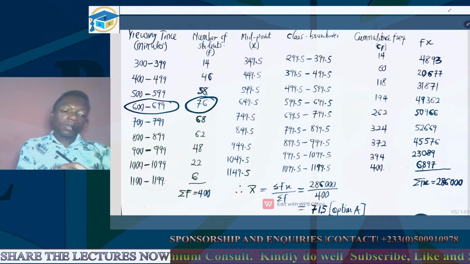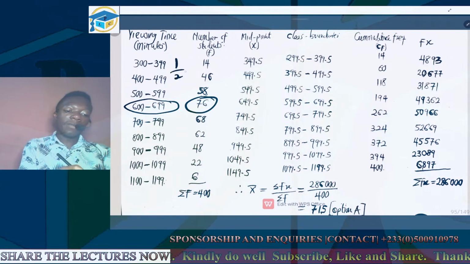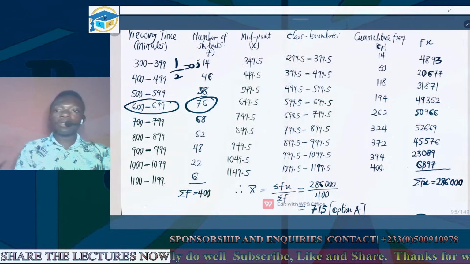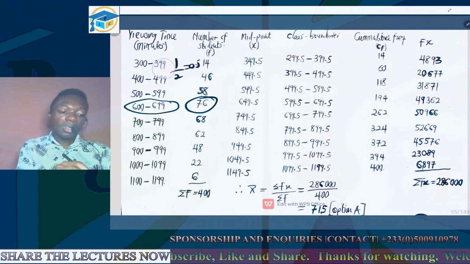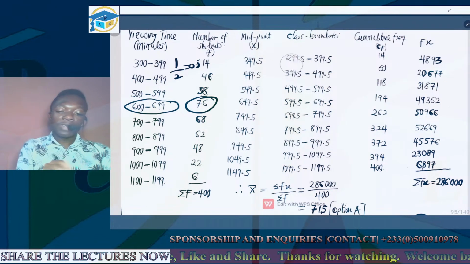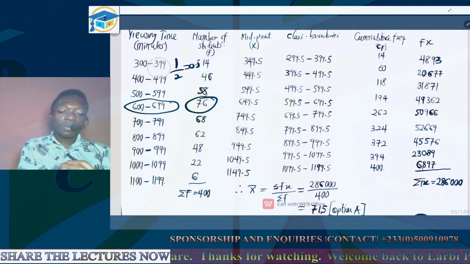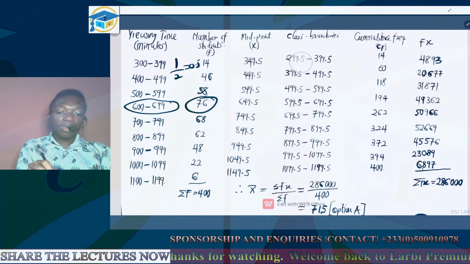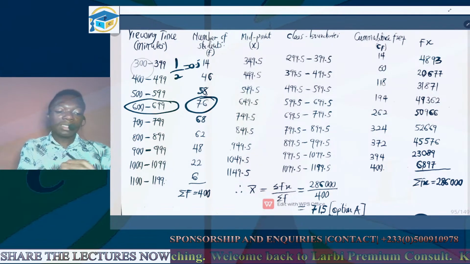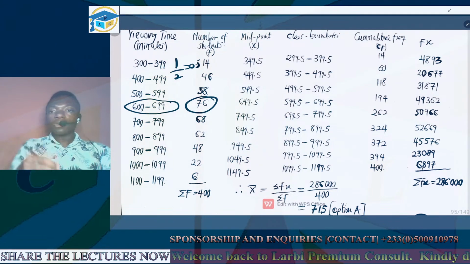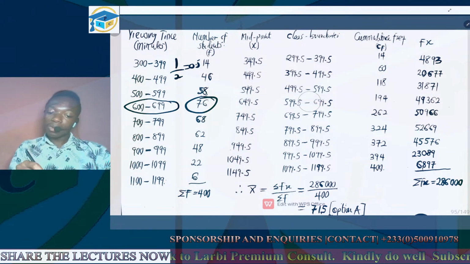So here, 400 minus 399 gives 1, and 1 divided by 2 gives 0.5. We add 0.5 to 399, which gives 399.5, and subtract 0.5 from 300, which gives 299.5, and that defines the class boundary of the first class interval. We are going to do the same thing for all other class intervals so that you get your class boundaries.